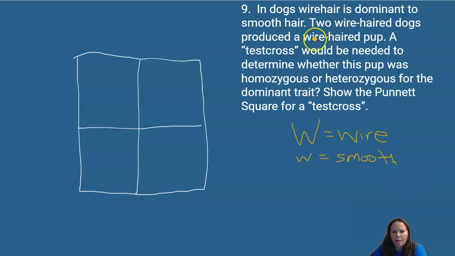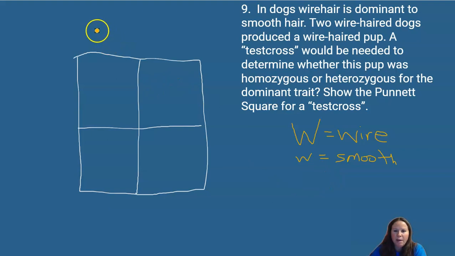Two wire-haired dogs produce a wire-haired pup. A test cross would be needed to determine whether the pup was homozygous or heterozygous for the dominant trait. So show the Punnett square for this test cross.